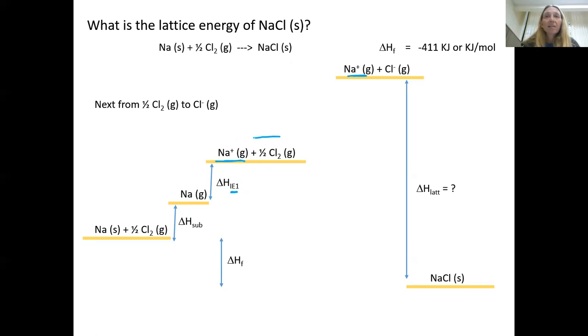So my next step is to take this 1/2 chlorine gas and convert it to chloride. Okay, I'm trying to fill in all of the areas of this cycle, right? The Born Haber cycle. And so I need to do this next process. So when I do this, I have 1/2 Cl2 gas.